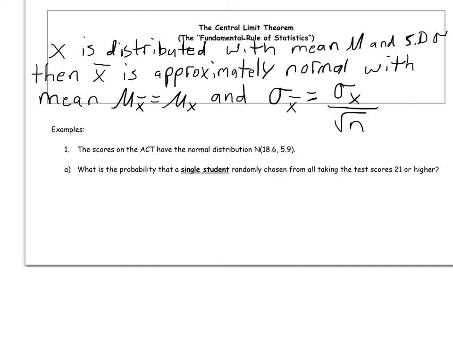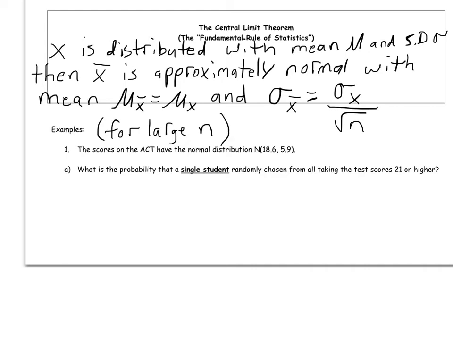And this of course happens when you're taking a large random sample, and the distribution of the sample means more closely resembles a normal distribution as you increase the sample size. So we'll say for large n.